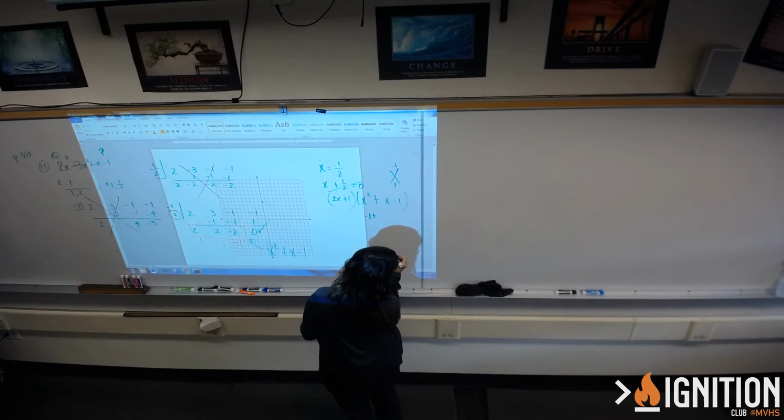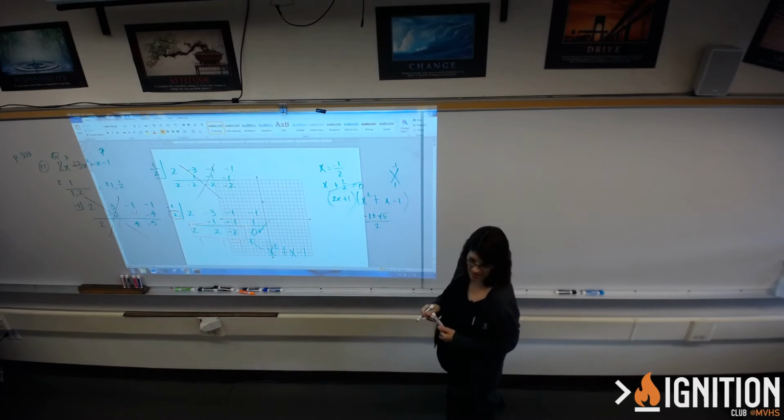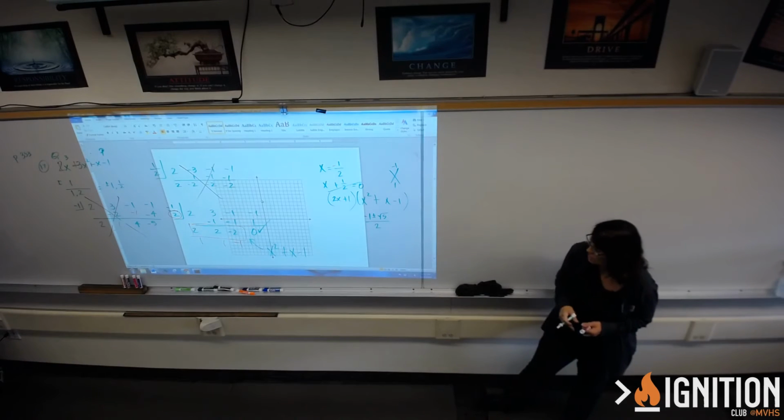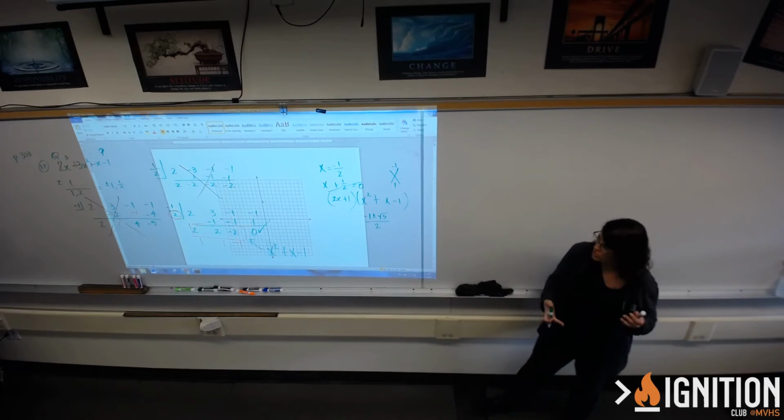Root 5. Are those factors? No. You just used the quadratic formula, so you just solved, agreed? Ms. Babbitt, it doesn't say solve, it says factor. You have to actually solve it in order to factor it.